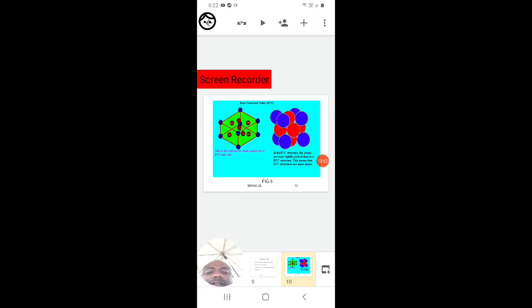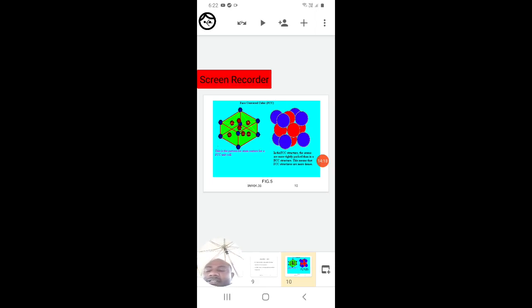This means the FCC structure is more dense, with more atoms. There is no central atom in the body, only one at each face. There are 6 faces, and half of an atom is available in each face, the remaining half lying in the neighboring lattice. So 6 times 1/2 equals 3 atoms in the faces. Each corner has a 1/8 part atom, the remaining 7/8 being in the space lattice.